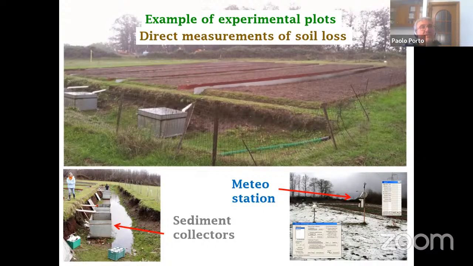So in the end, in similar sites, we know how much rainfall comes to the ground, how much rainfall is collected by the tanks as runoff, and how much sediment is removed after each event. Okay.